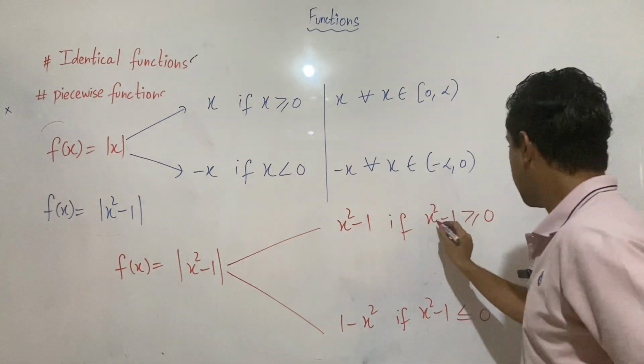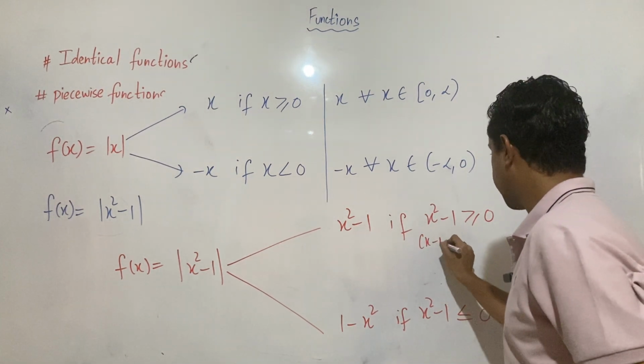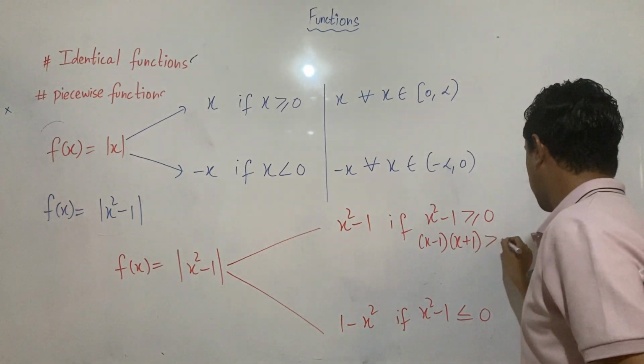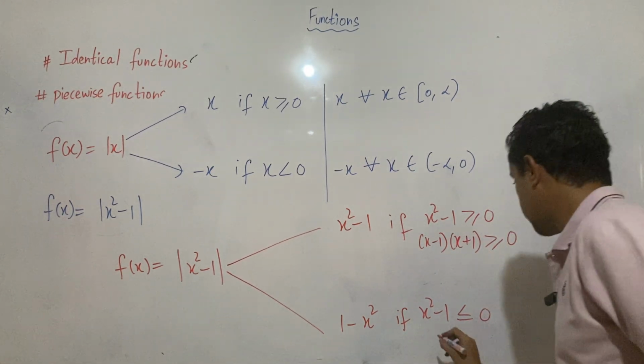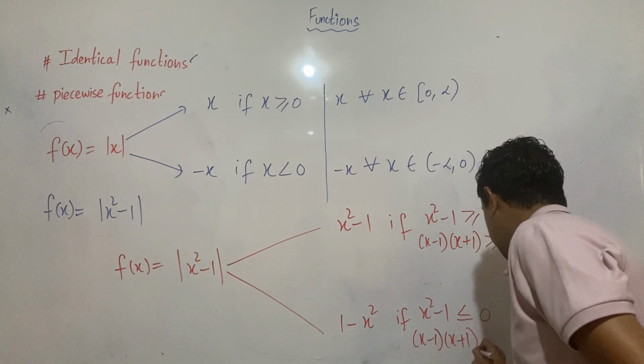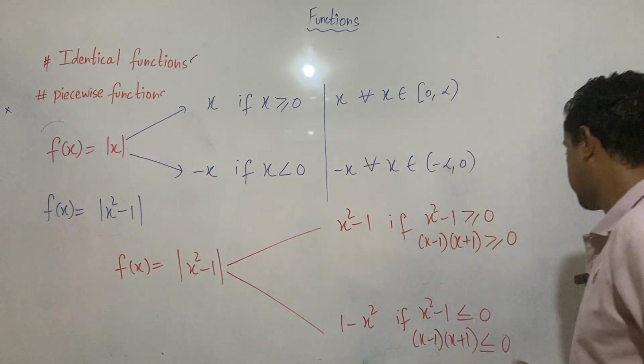So from here I can say that if (x minus 1)(x plus 1) is greater than or equal to 0, and from here (x minus 1)(x plus 1) is less than 0.